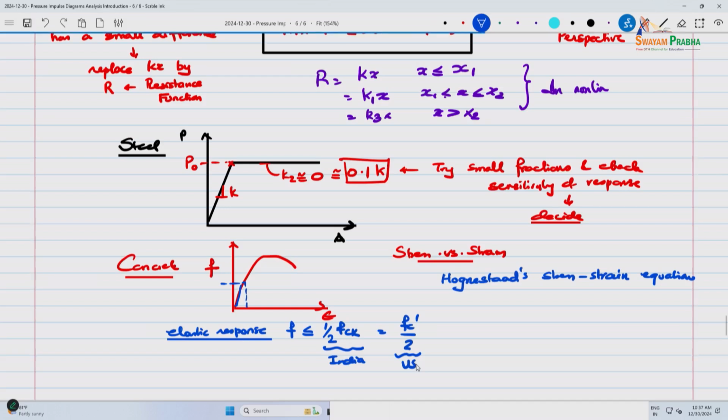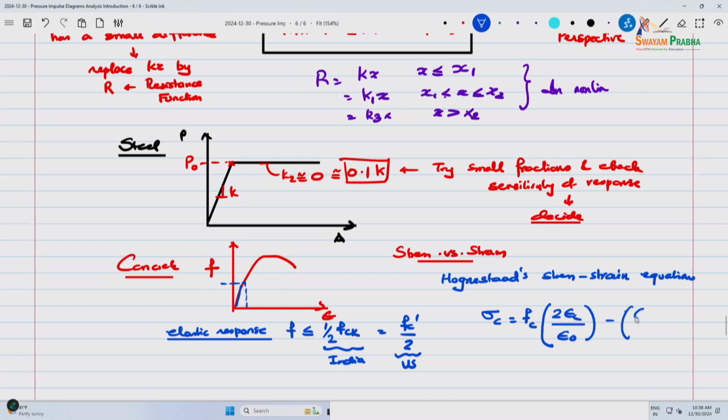Does anybody have an expression? Sigma C is equal to FC. FC is the FCK, right? Yeah. 2 times epsilon c by epsilon c naught, minus epsilon c by epsilon c naught square.